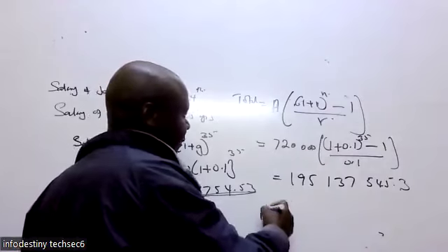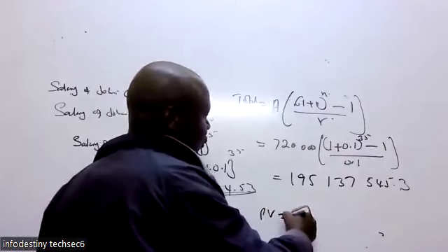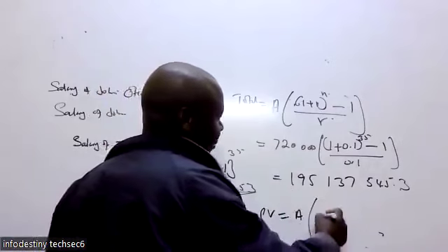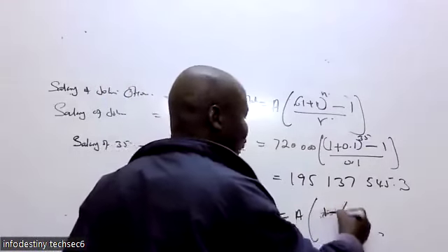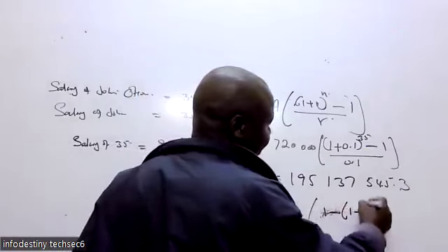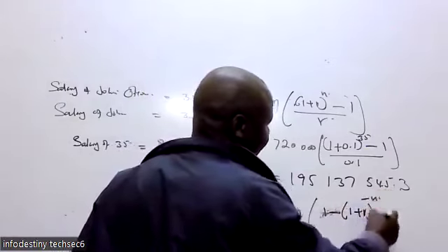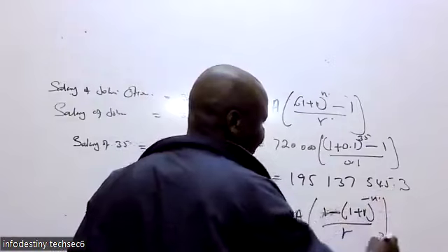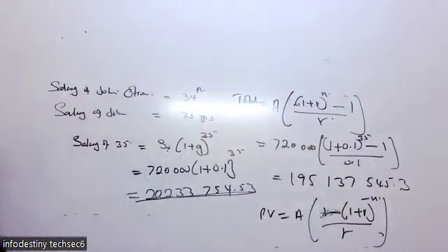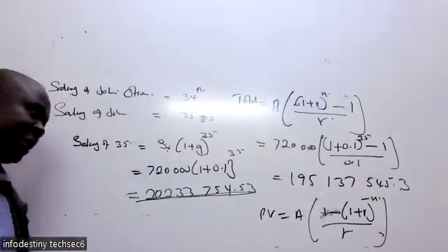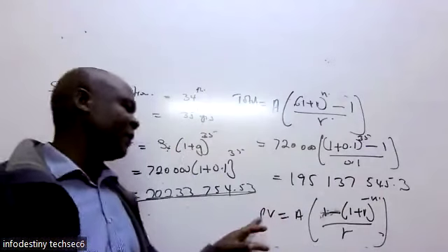The present value equals A into bracket 1 minus (1 plus R) raised to the negative N, over R. That's when they want you to get the money today. So that's just the present value.